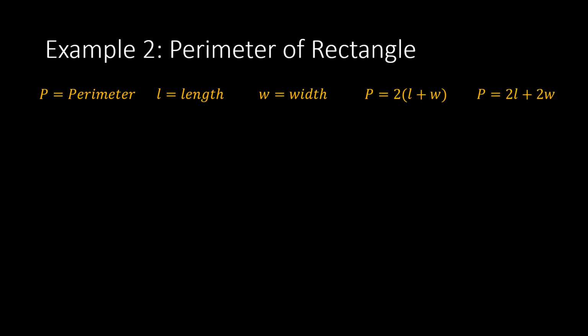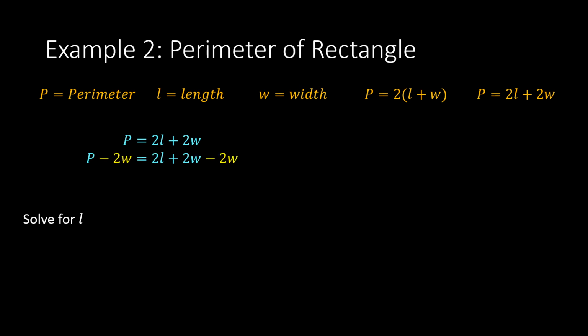Let's have another example, perimeter of a rectangle. P is perimeter, L means length, W means width. Perimeter is equal to 2 times the sum of length and width, or we could have this distributed: perimeter is equal to 2 times length plus 2 times width. Now, let's solve for L. Perimeter is equal to 2L plus 2W.